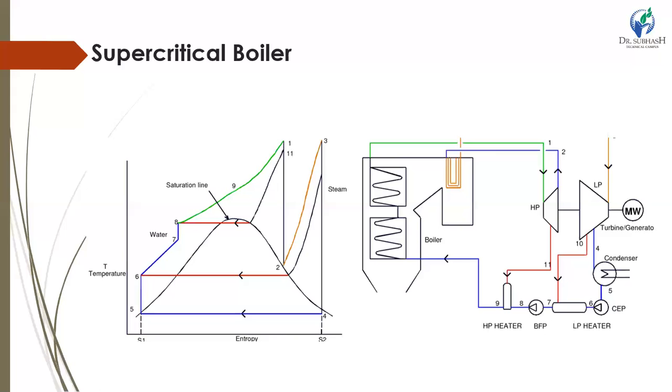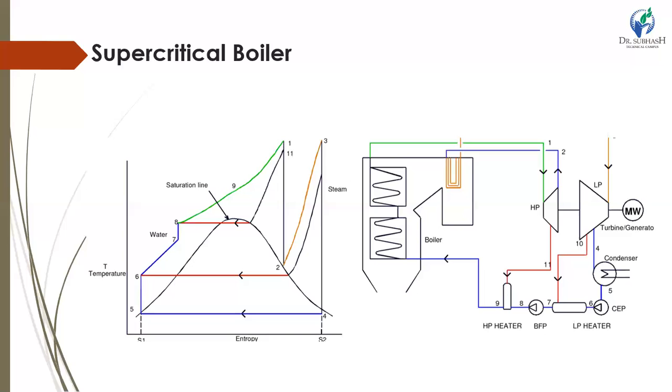Okay, then there are some disadvantages. Although efficiency increases by use of high pressure and high temperature steam, restriction is imposed due to non-availability of material to withstand high temperature and pressure. Also, difficulty is experienced in the turbine and condenser due to handling of a large volume of steam.